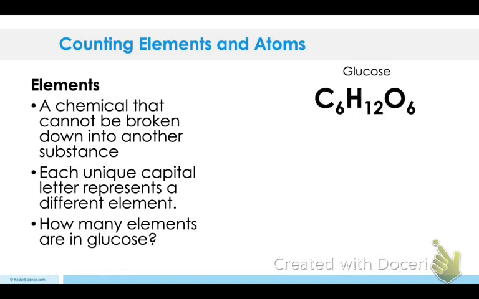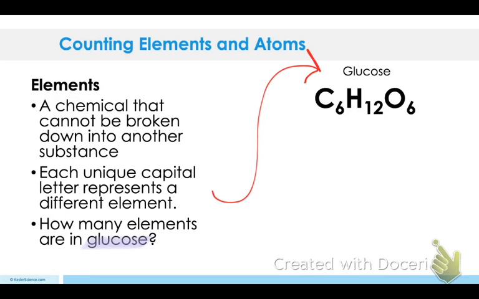Alright, so an element is a chemical that cannot be broken down into another substance. Each unique capital letter represents a different element. So how many elements are in glucose? This is glucose right here.